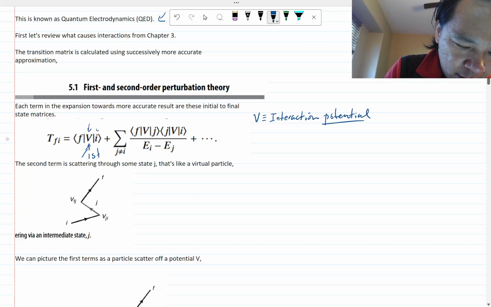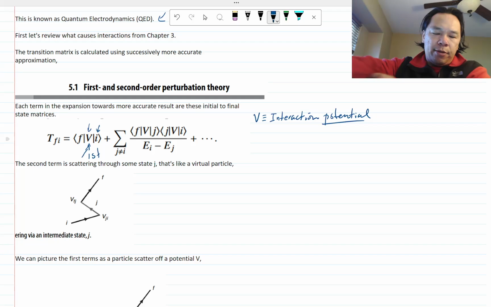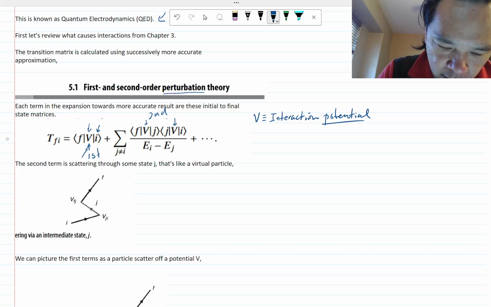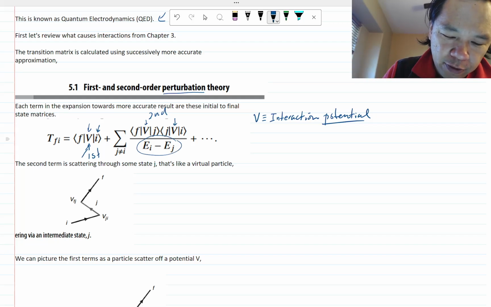Then I describes the initial state that the particle is in, and F is the final state the particle is in. Then we add up more of these. So this is the second order approximation, or the second order perturbation, where now this has two V's in it. In order to get the right units, we also divide by the energy, because the potentials also have units of energy.